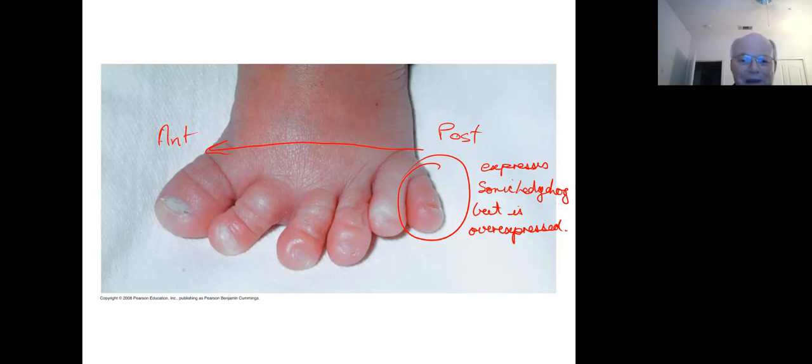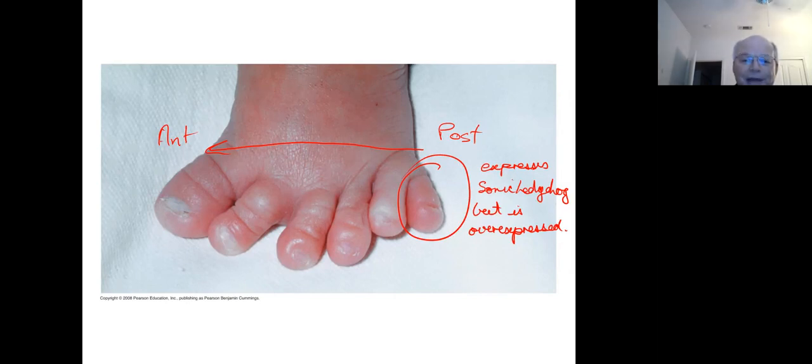It could have had up to 10 digits in some of the very, very earliest ancestors of amphibians. And almost certainly, this is a product of an overexpression of the hedgehog equivalent in amphibians, or at least that's the hypothesis.